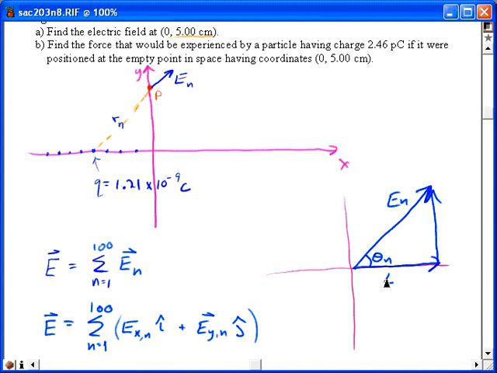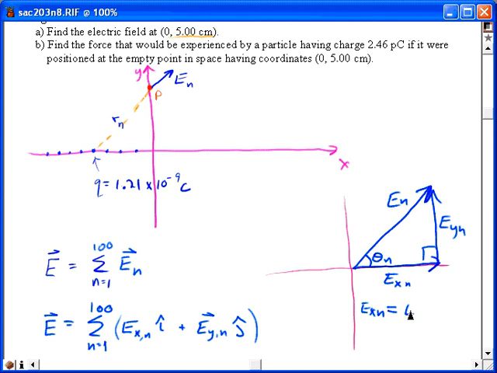Here's my vector component diagram with E_x,n and E_y,n. So E_x,n over E_n would be the cosine of theta sub n.